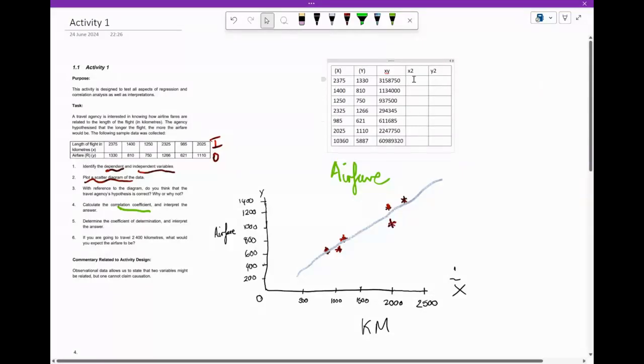Then obviously here we're saying x squared and y squared. Should I zoom in?